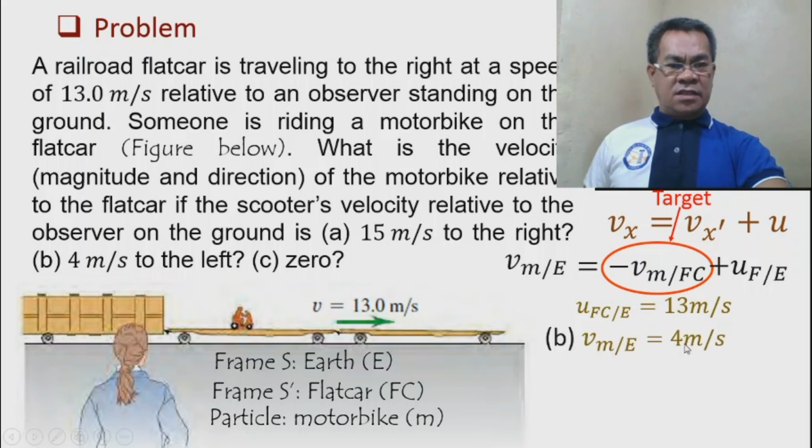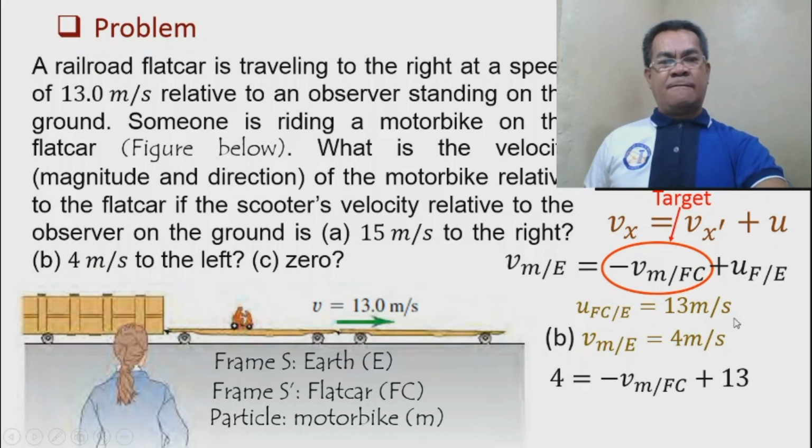Now take note that the given is 4, and this is the velocity of the motor or the scooter with respect to Earth, 4 meters per second. So this will be substituted here. It should be 4. Take note, this is minus, as is, and this 13 is the velocity of the flat car with respect to Earth.